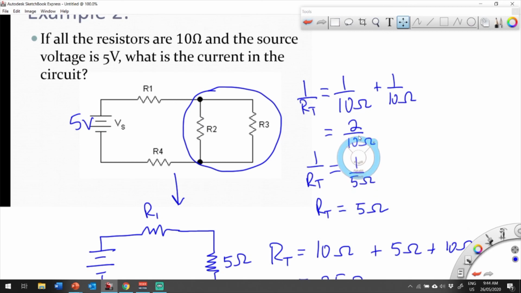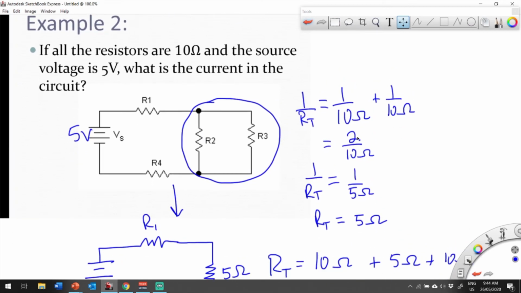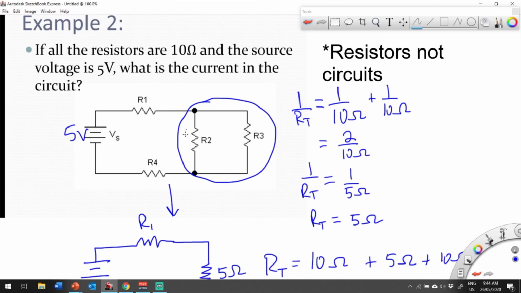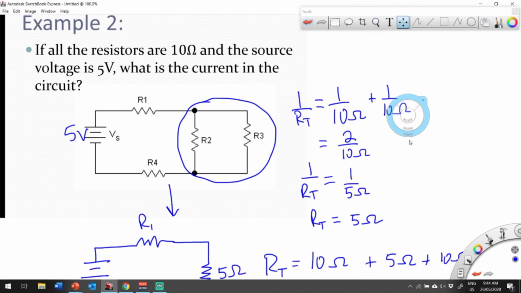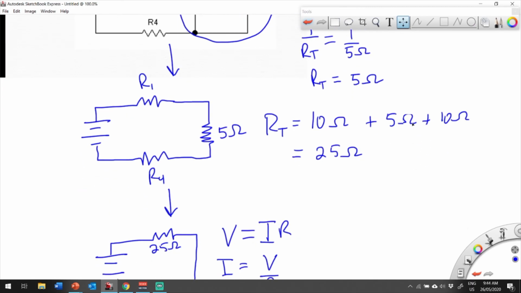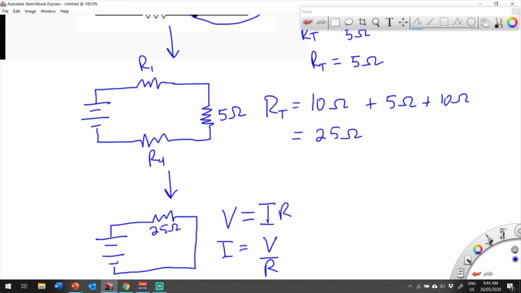So no matter how complicated your circuit is, you can always break it up into pairs of parallel or pairs of series. This is how I would highly suggest you approach more complicated circuits: look for a pair of resistors which are either in parallel or in series, and then you can deal with them that way. As you find equivalent resistances, you can simplify the diagram like we did here.